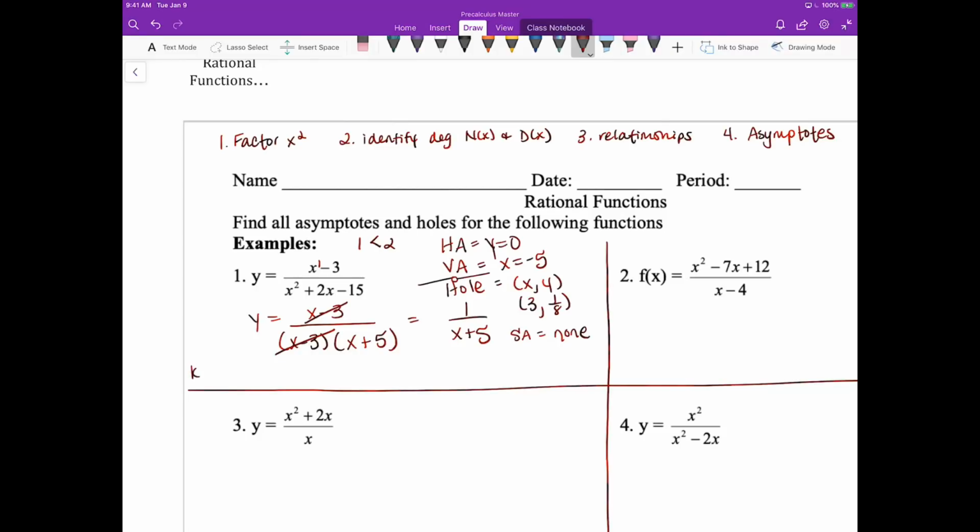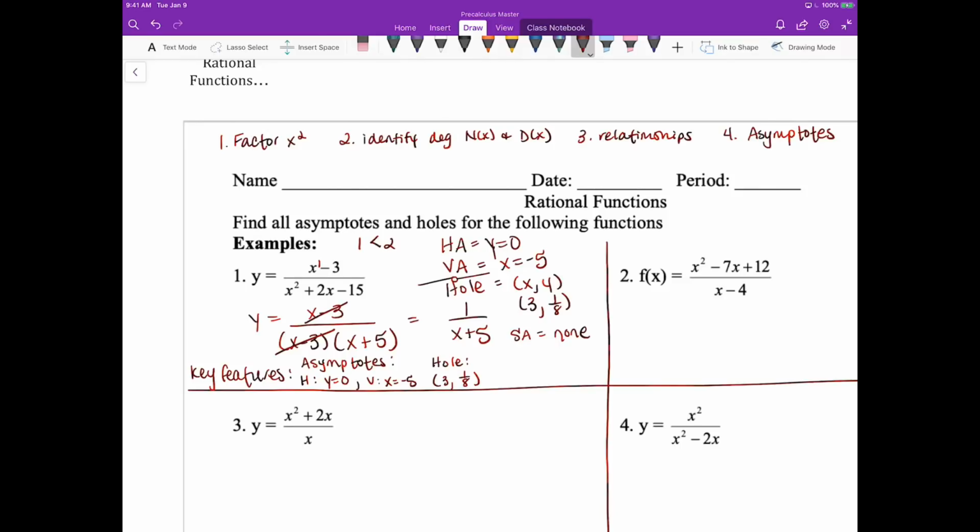So key features, we have asymptotes: there's a horizontal one at y equals 0 and a vertical asymptote at x equals -5 with a hole at 3 and 1/8 with no slant asymptote.